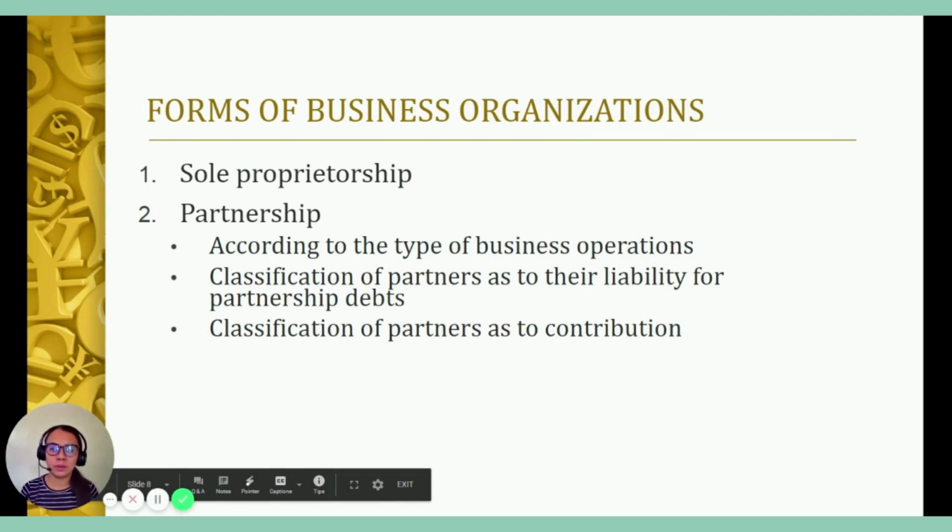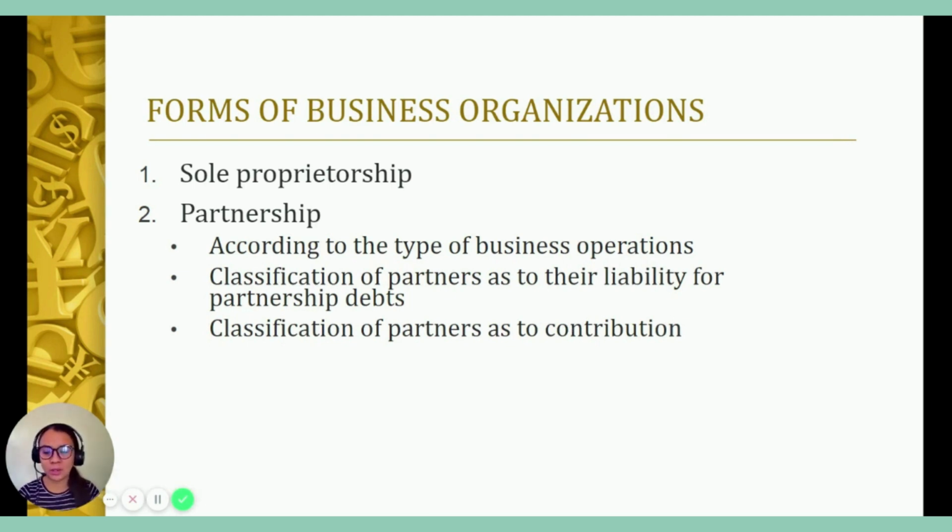Partners may also be classified as to their contribution. So we have capitalist partner, industrial partner, and capitalist industrial partner. A capitalist partner is the one who invests money or property to the business or the partnership.